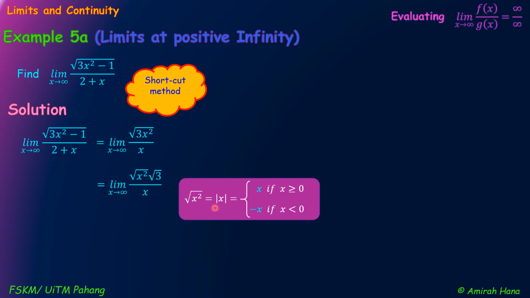From here, square root of x squared equals modulus x. Modulus means we can take a positive or negative value. We take modulus x equals positive x if x is greater than or equal to 0, and modulus x equals negative x if x is less than 0.